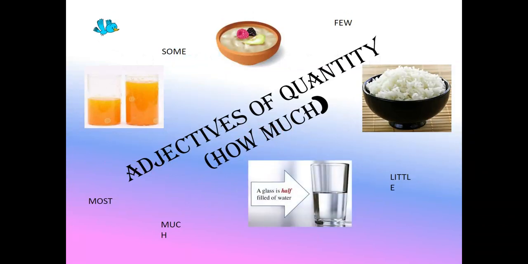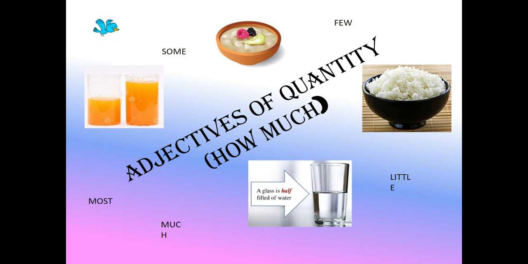Now, moving on to adjectives of quantity. These adjectives tell us about the quantity of a thing we are talking about. Adjectives of quantity mostly describe uncountable nouns. Uncountable, like rice, you can't count.